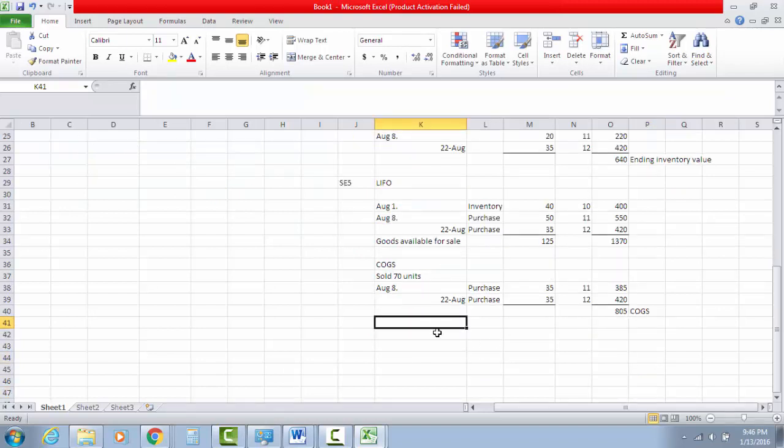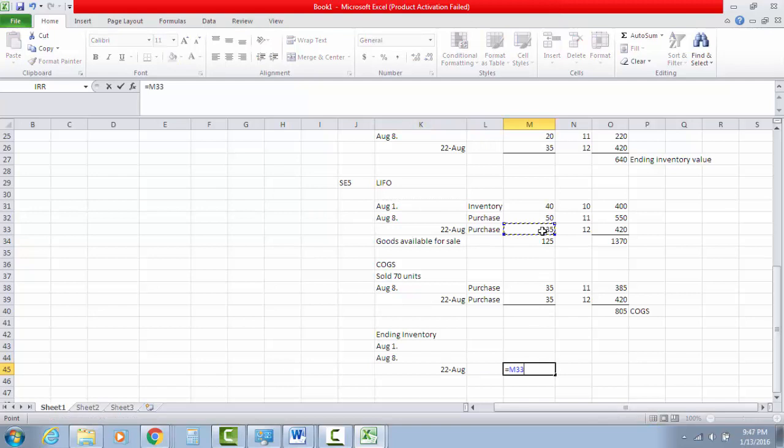With that being said, our ending inventory would be, we take a look, let's go from the bottom, we have sold all of our August 22nd. August 8th, we have sold 35 of those units.